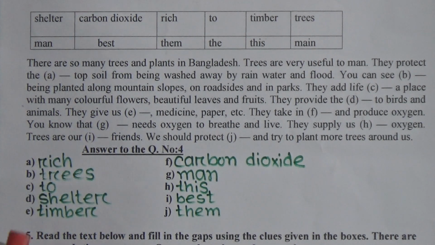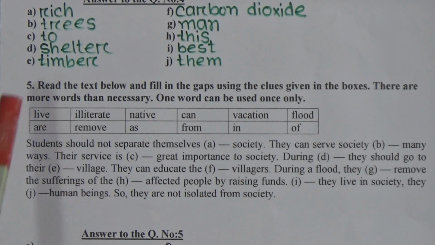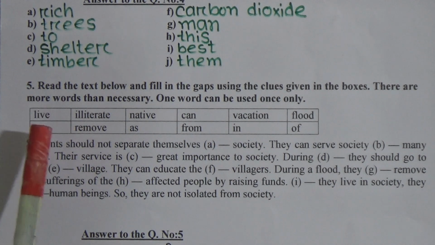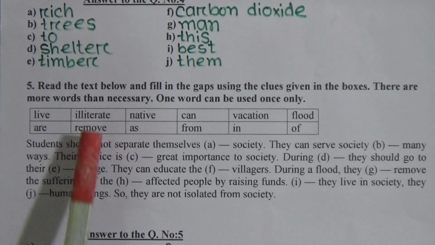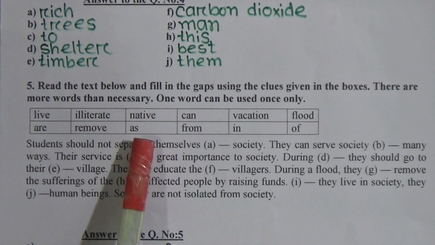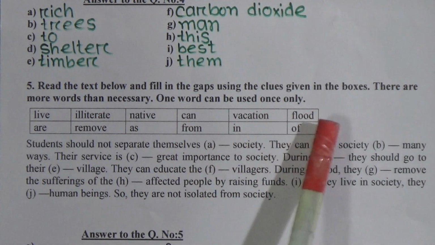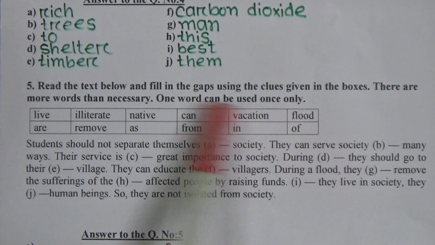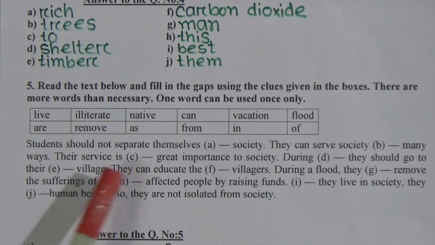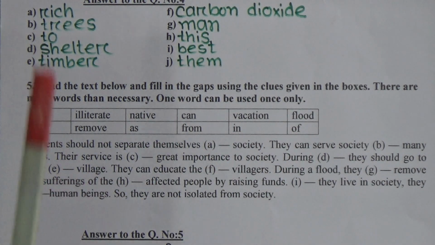Now students will practice question number 5, and again here are some words given for you. You have to choose words for the gaps, and the words are leave, are, illiterate, remove, native, as, can, from, vacation, in, flood, of. So you have to choose the perfect word for the gap.